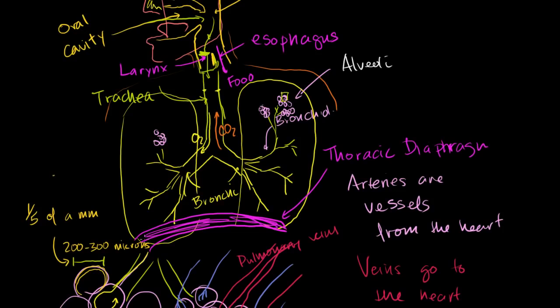And so when it's relaxed, it kind of has this arch shape, and so the lungs are kind of squeezed in. They don't have a lot of volume. But when I breathe in, this thoracic diaphragm is contracted. And when it's contracted, it gets shorter, but more importantly, it opens up the space where my lungs are. And so my lungs can fill up that space.